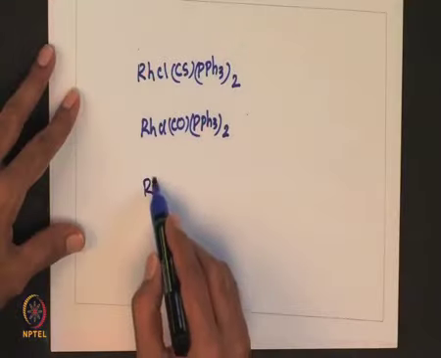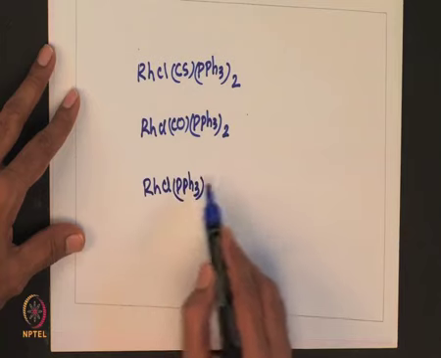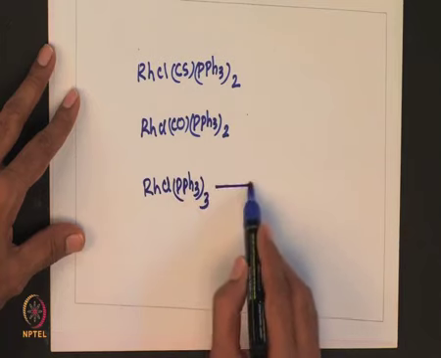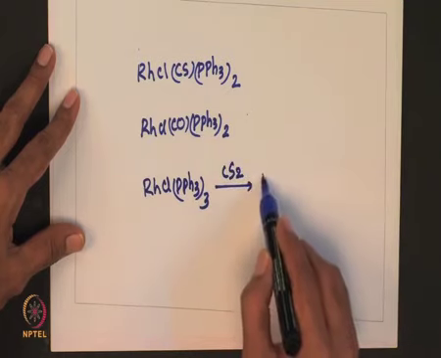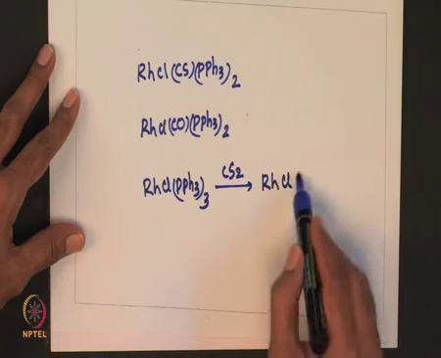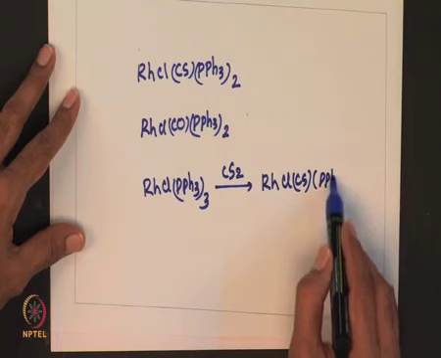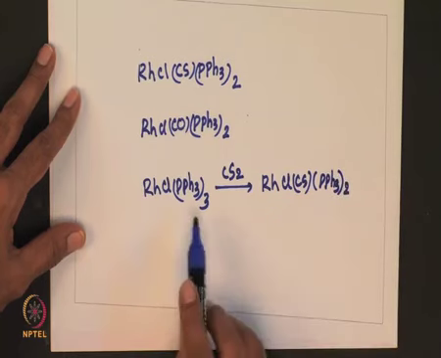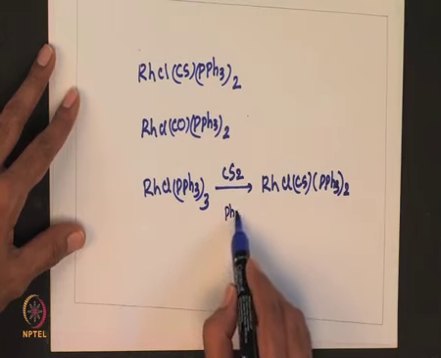For example, you all know Wilkinson catalyst, it is chlorotris(triphenylphosphine)rhodium. When it is treated with carbon disulfide, what happens? It forms this compound. One of the triphenylphosphines comes out as triphenylphosphine sulphide.